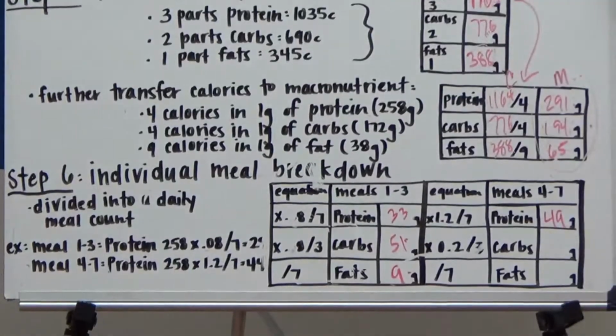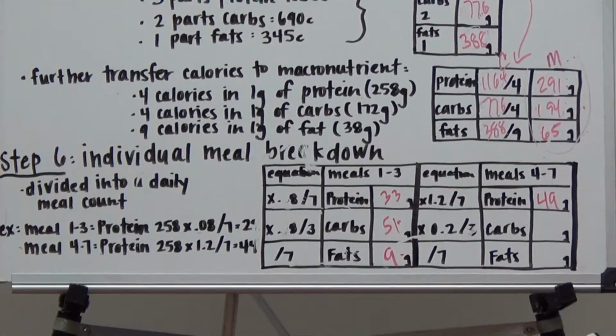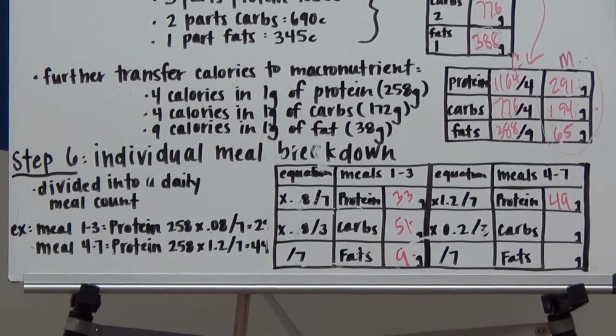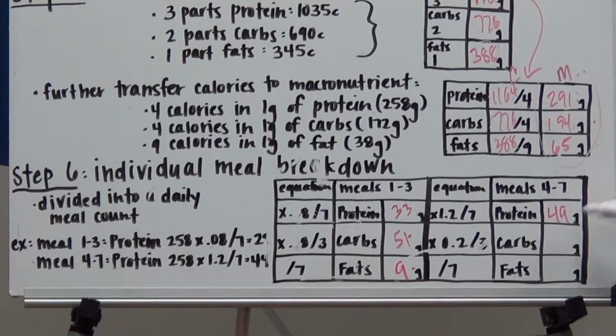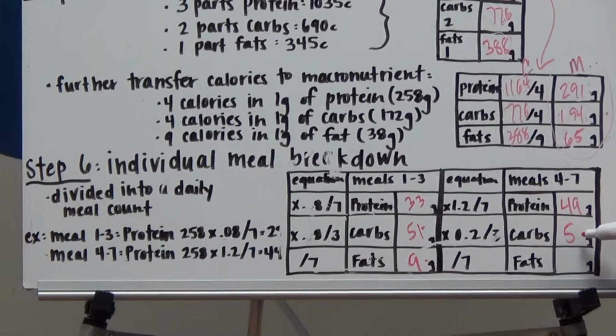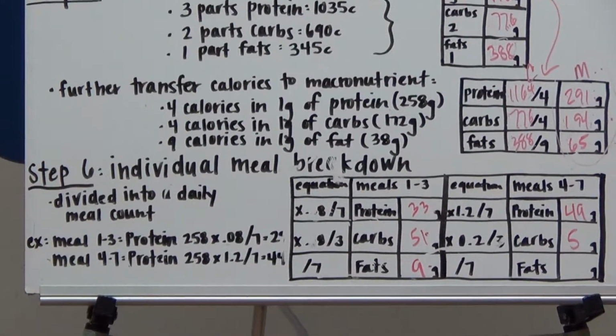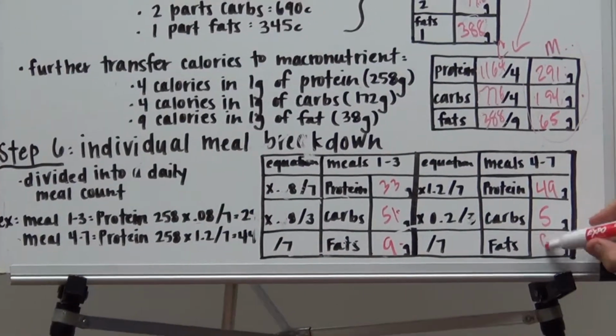Then my carbs again, 194 times 0.2 divided by 7 equals 5. And then fats again will be the same. It's the same as each side, so 9.